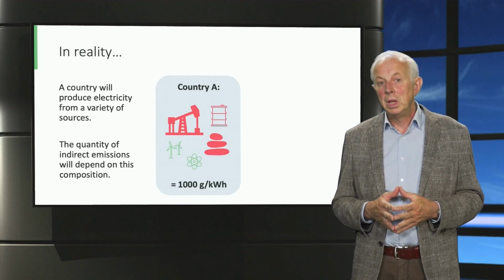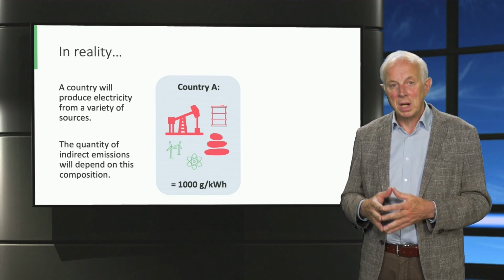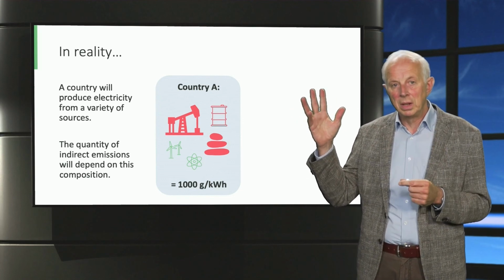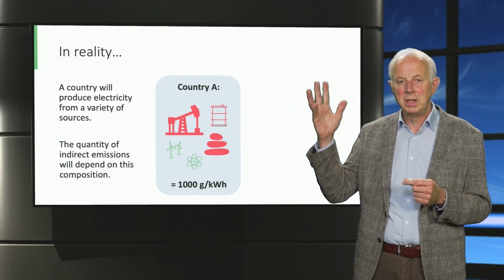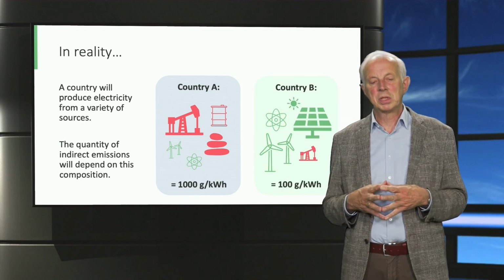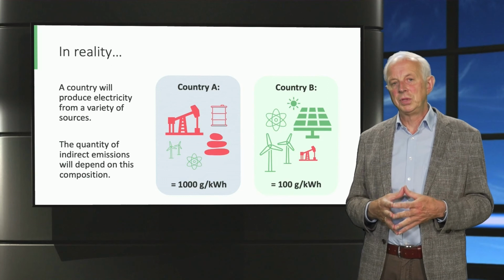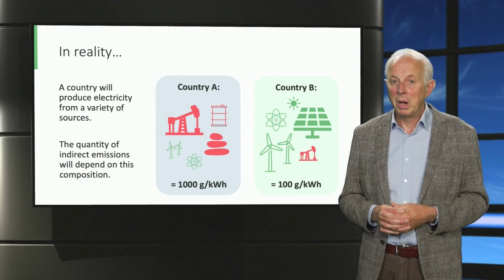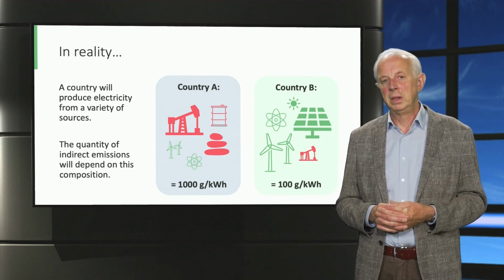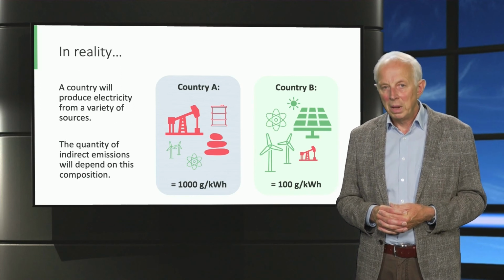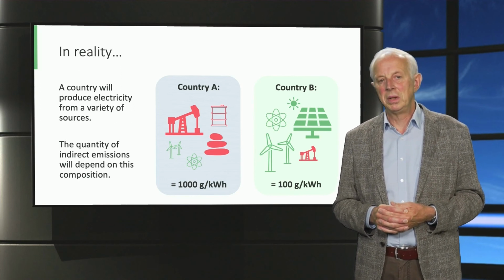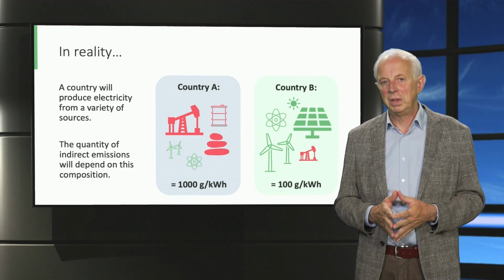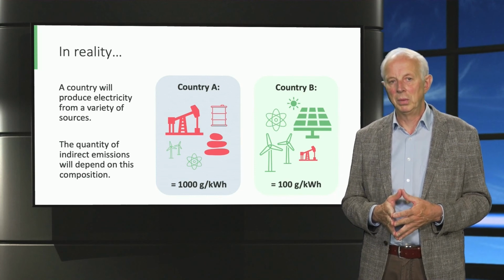The CO2 emission factor for electricity may be as high as 1000 grams per kilowatt-hour in countries with coal-intensive power generation and below 100 grams per kilowatt-hour in countries relying heavily on nuclear power, hydropower, or other renewables. The global average emission factor for power generation is about 450 grams of CO2 per kilowatt-hour.